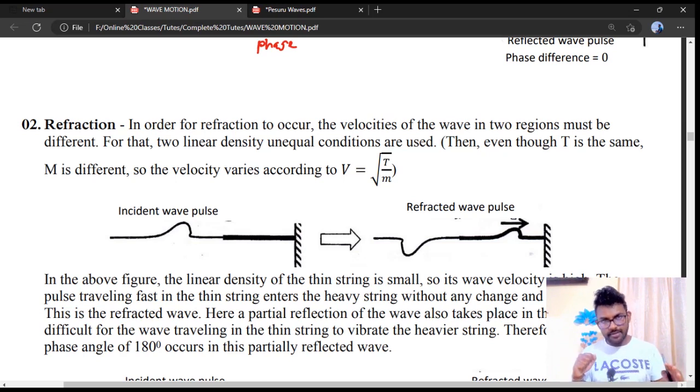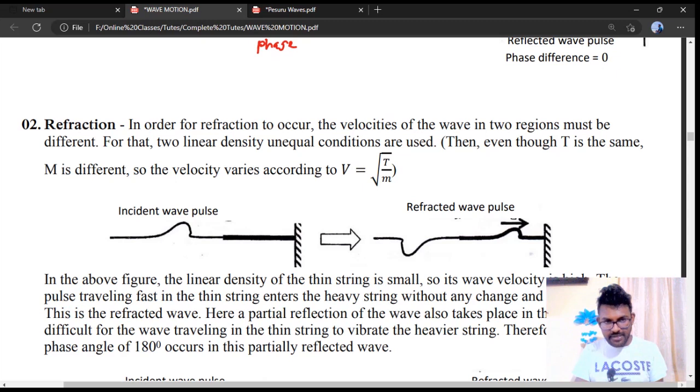Now once the wave pulse is propagating like this, it easily displaces the particles in the medium, the particles in that stretched string, when you have a light string, right? The wave can easily lift up the particles in the light string.